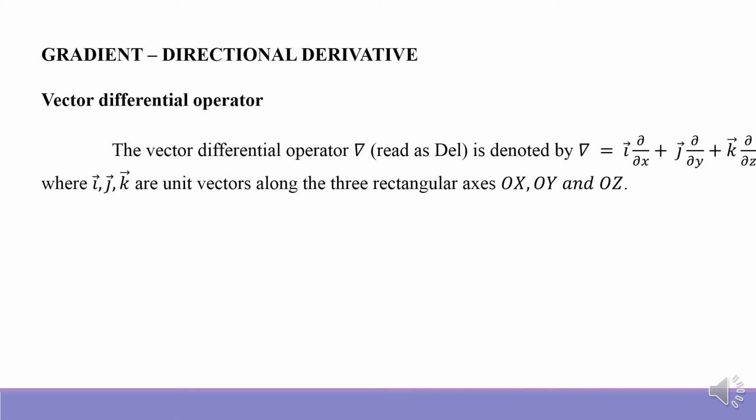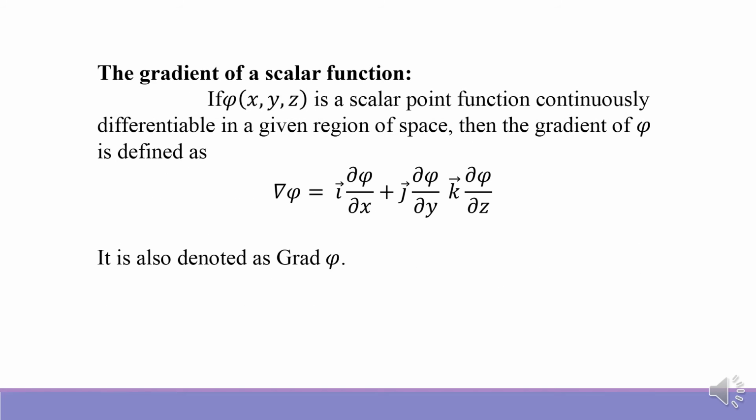The formula for finding the gradient, or del, is del equal to vector i into dou by dou x plus vector j into dou by dou y plus vector k into dou by dou z. The gradient of a scalar function: here phi is a function of variables x, y, z.